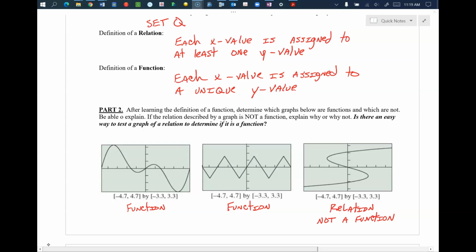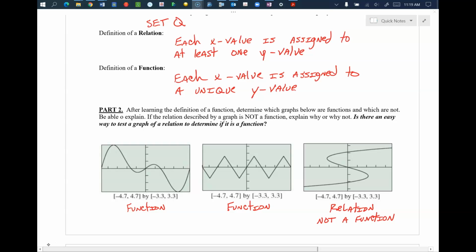And there's an easy way to test a graph to determine whether or not it's a function. And it goes like this. Some of you may already know it. It's called the vertical line test. And if you can draw a vertical line anywhere on the graph and it crosses the graph at more than one point, that relation is not a function.